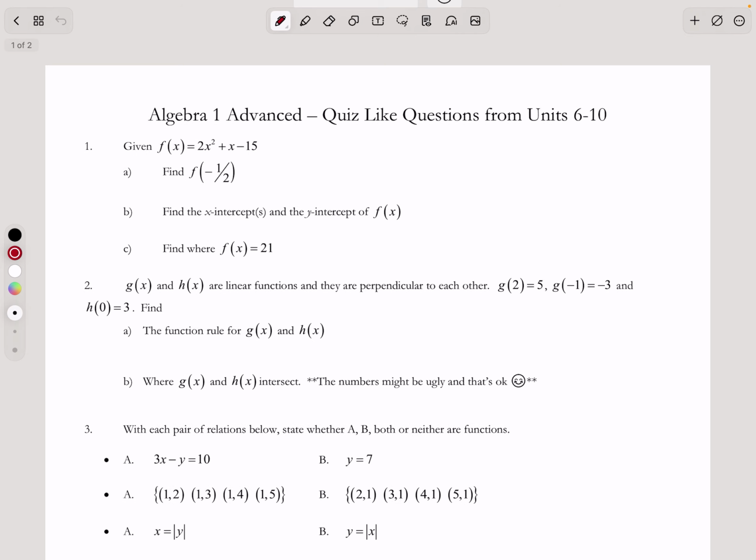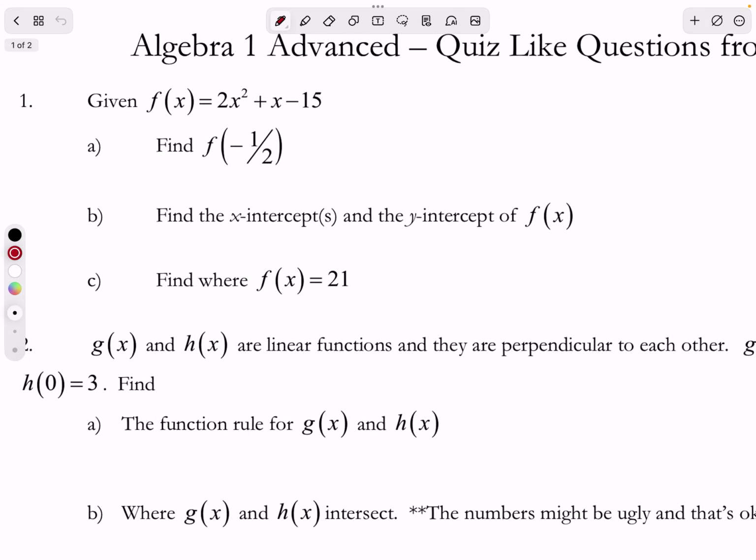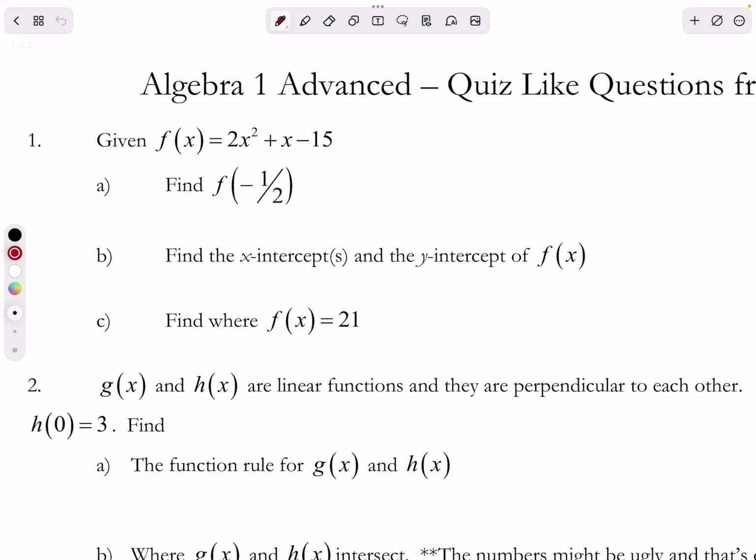All right, first question is simply giving you f of x equals 2x squared plus x minus 15, and they're asking you to evaluate this at negative 1/2. So this means that negative 1/2 will go in for x. That's going to be 2 times negative 1/2, squared rather, plus negative 1/2 minus 15.